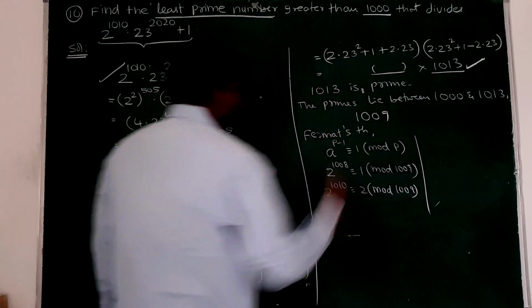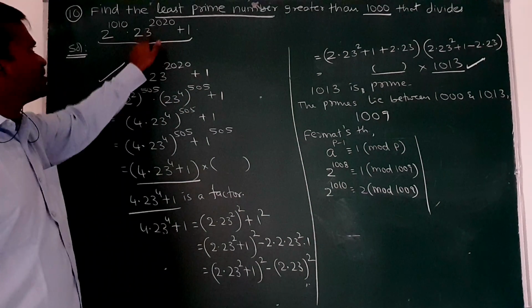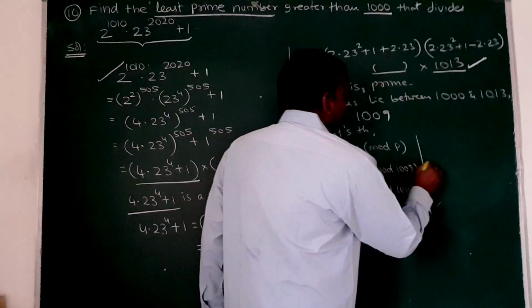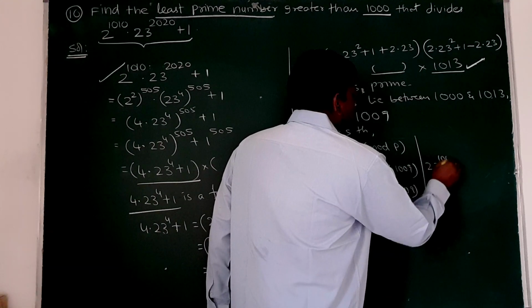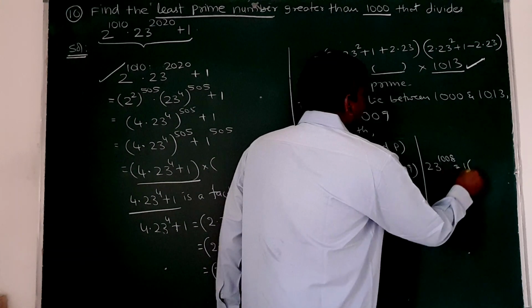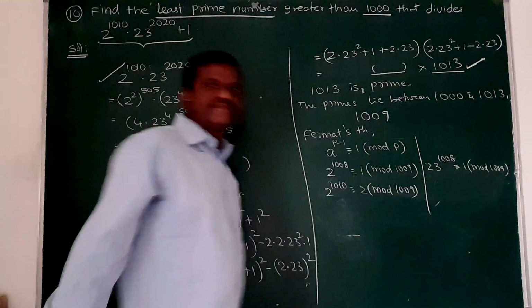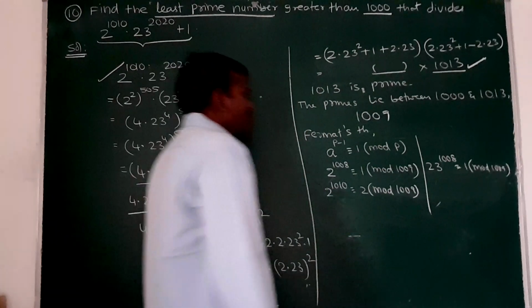Next, similarly, 23 power 2020 value I want here. So again 23 power 1008 is congruent to 1 mod 1009. Again by Fermat's theorem, I got this statement.